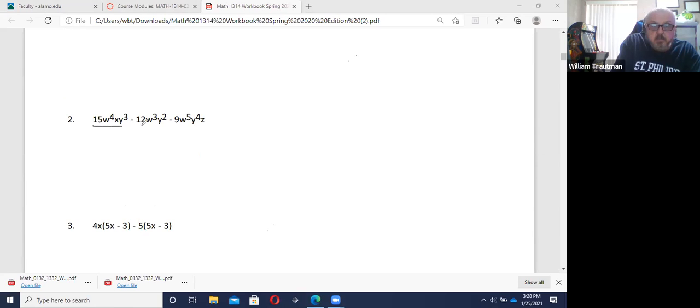So here's the 3 terms. 15, 12, and 9, a 3 divides out. So when you find the GCF, you're looking for first what number divides out.